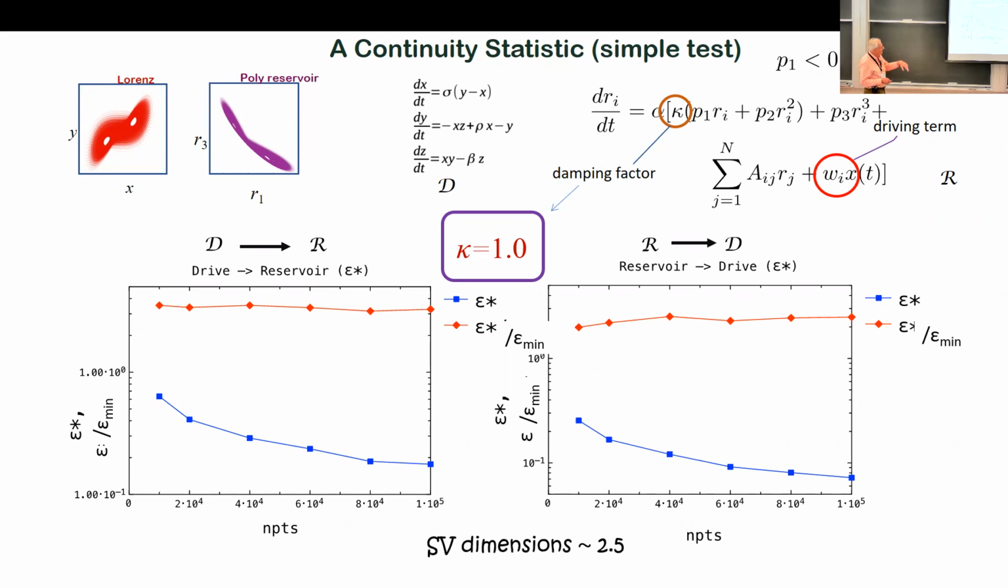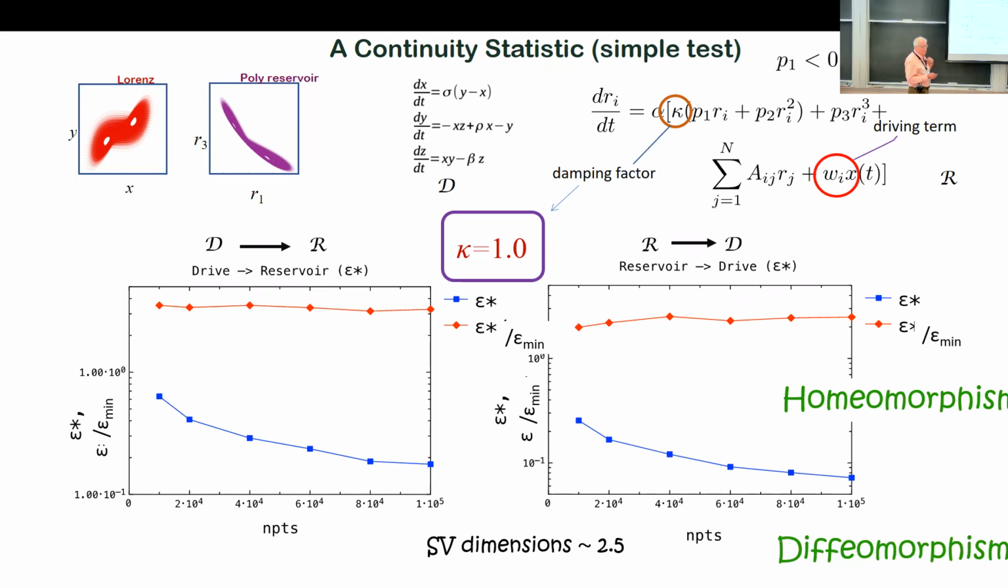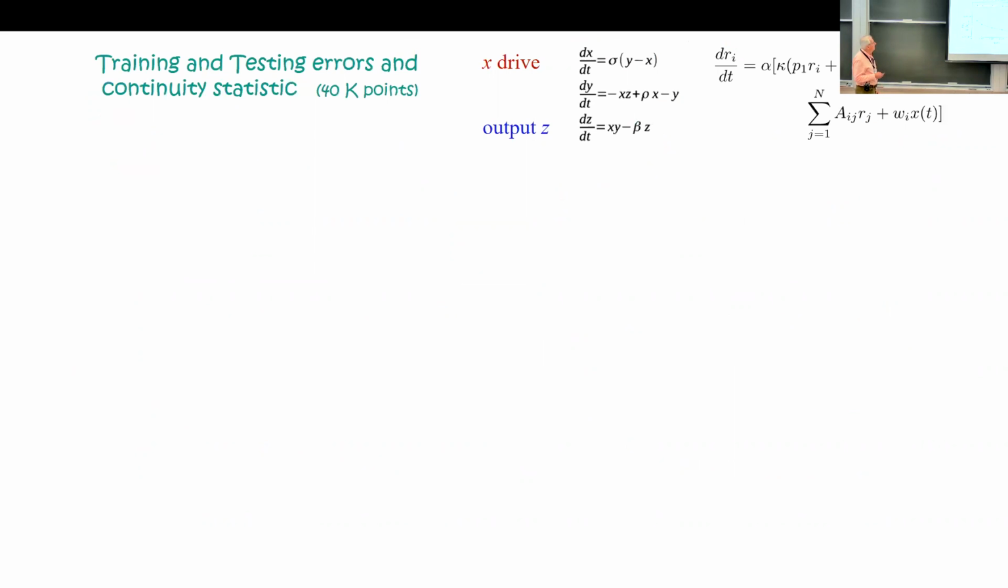I'm not going to go into it, but you can add an analysis of the singular values, and it looks like there's also a differentiable function. So we would say it looks like we have a homeomorphism, maybe a diffeomorphism, just from the data. For people in mathematics, it may seem a little odd to combine those words with statistics, but if you set it up right, I think it works pretty well.